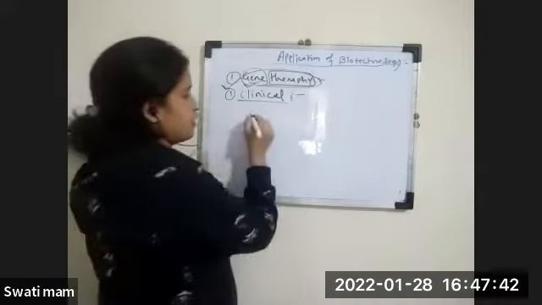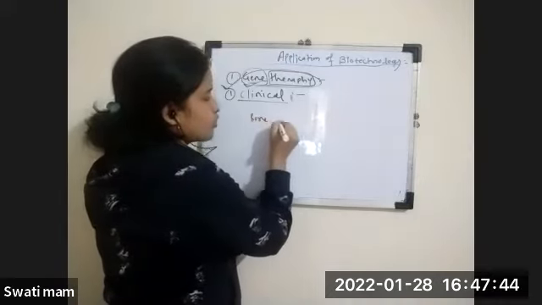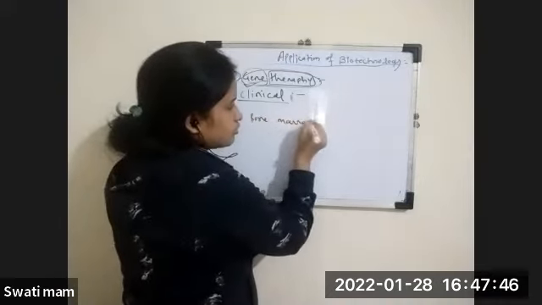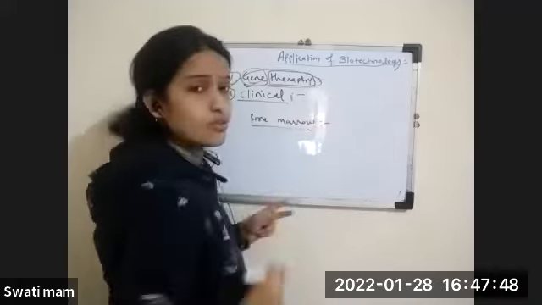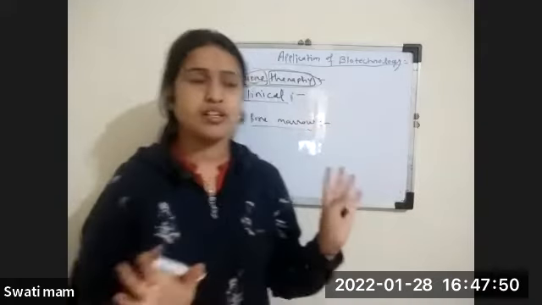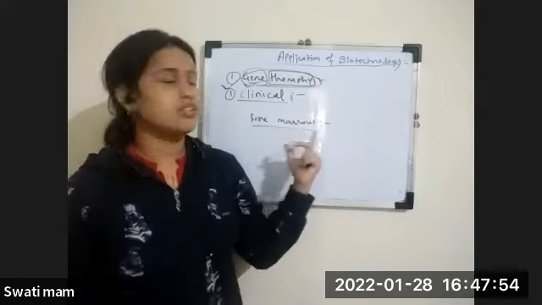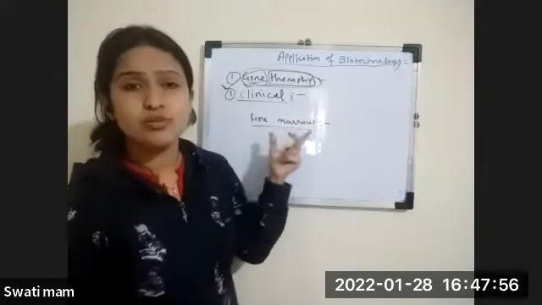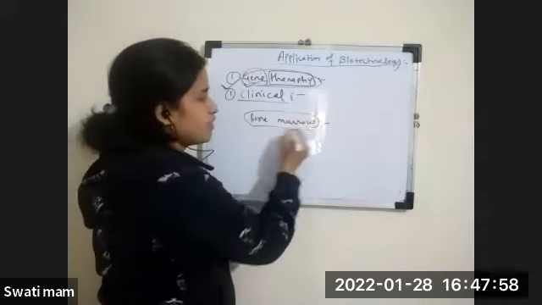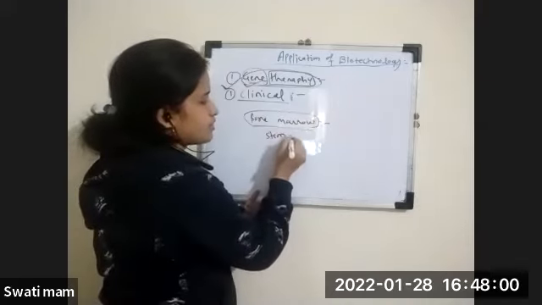For example, you know what bone marrow is? Bone marrow is the part where our stem cells are present.